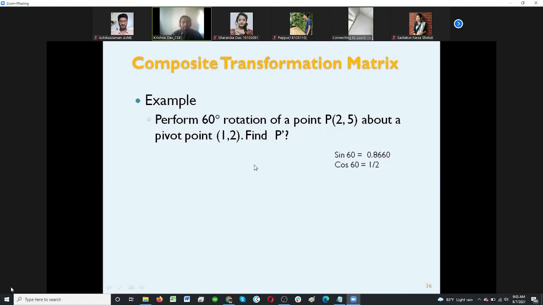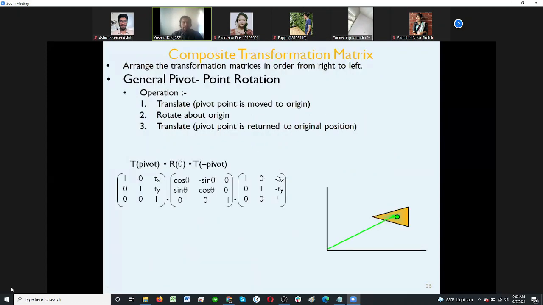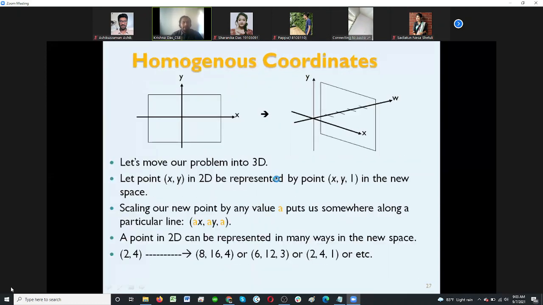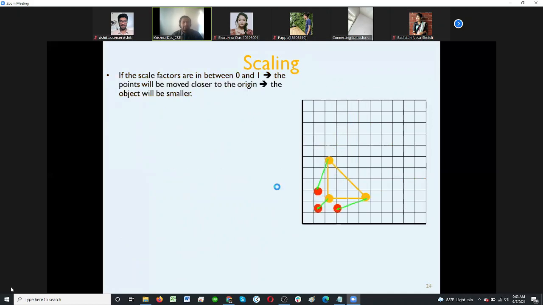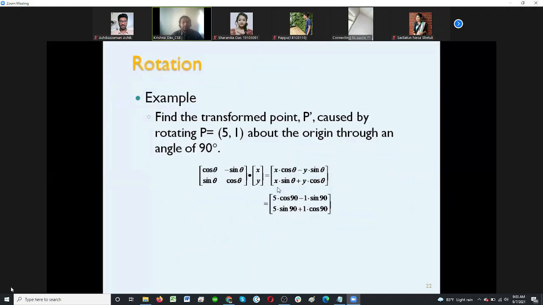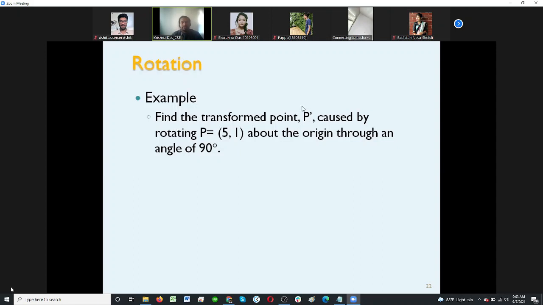Consider the earlier problem when we were trying to understand rotation: find the transformed point P prime caused by rotating the given point 5, 1 about the origin through an angle of 90 degrees. So it was about the origin, right? Your pivot point was the origin itself.